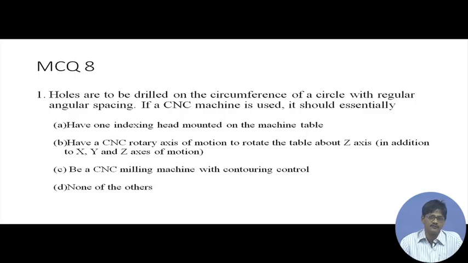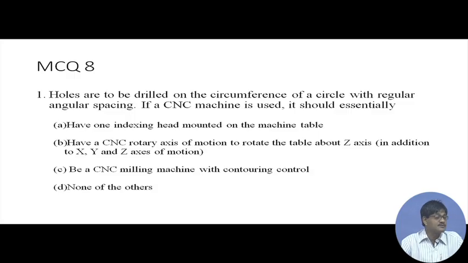So, it is asking for a rotary axis in addition to XYZ motion in order to carry this out, and be a CNC milling machine with contouring control. Circular circumference of a circle has a number of holes. So, maybe it should be a milling machine. So, that circular interpolation is possible, and you can reach those points by circular interpolation and carry out those drilling operations in those respective places, and none of the others.